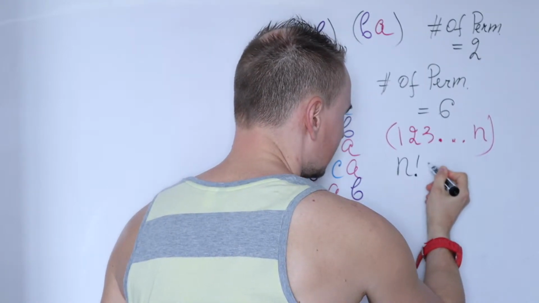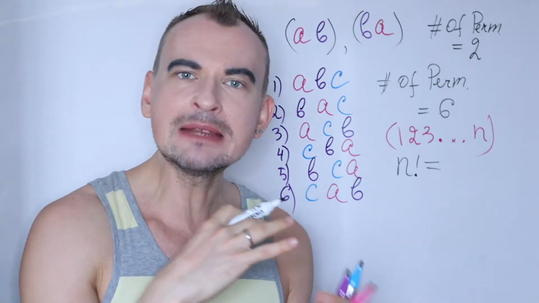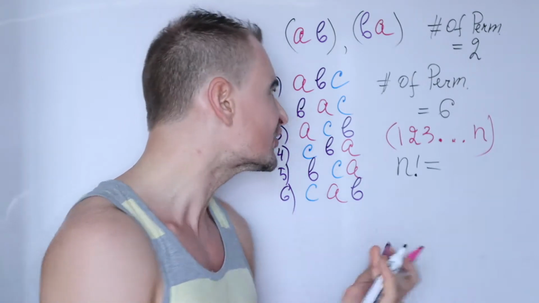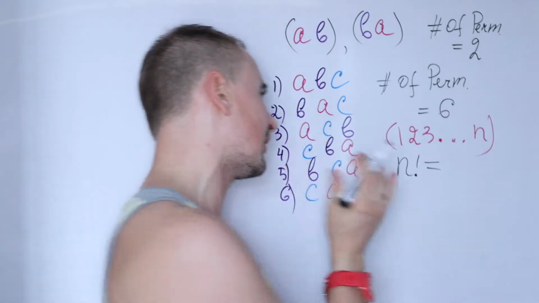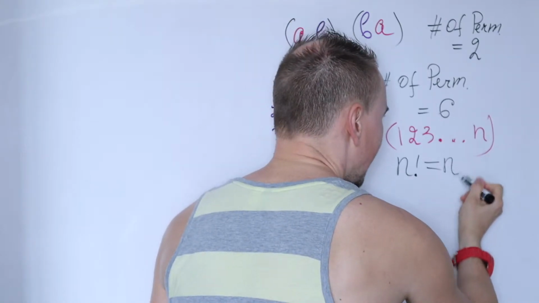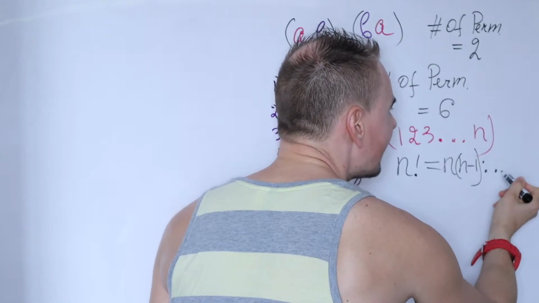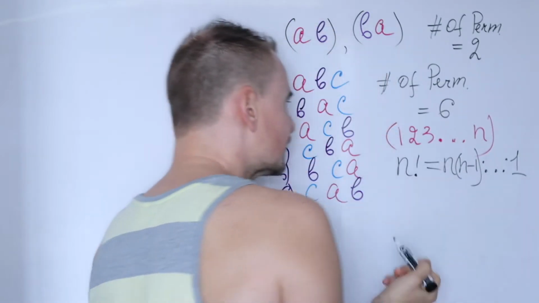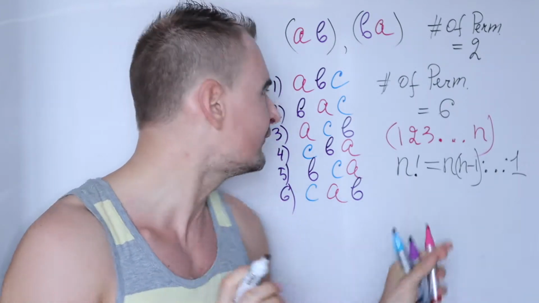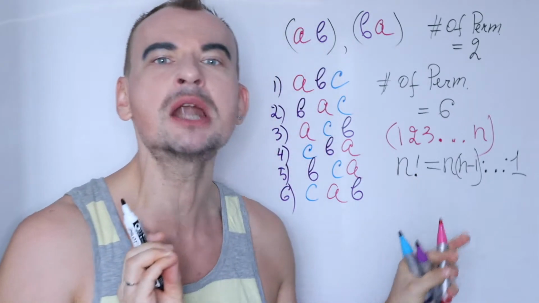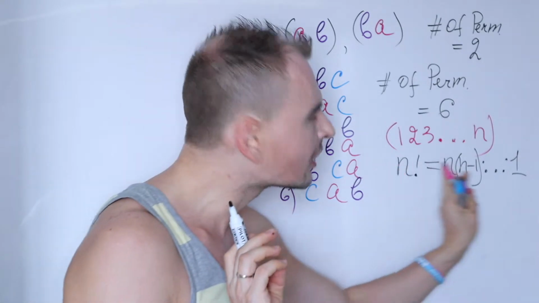If you are not familiar with the factorial, I will just give you a quick glimpse into this. So n factorial basically stands for the product of natural numbers, starting from n, you multiply by n minus 1, all the way till you hit 1. We use this exclamation mark, so it's a shortcut notation for this long product.